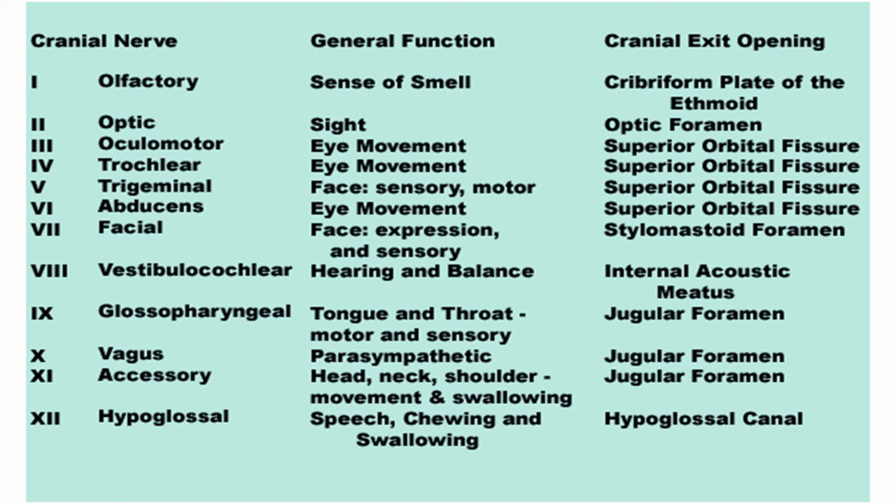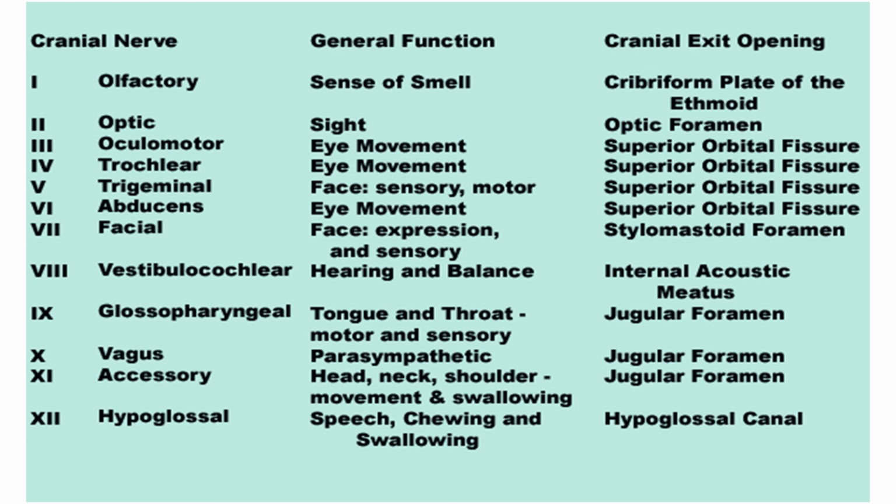So basically, the ones that you want to be more familiar with are towards the bottom there. So you're looking at your glossopharyngeal, cranial nerve number 9, 10, 11, and 12. The glossopharyngeal helps the tongue and the throat, so you're swallowing.